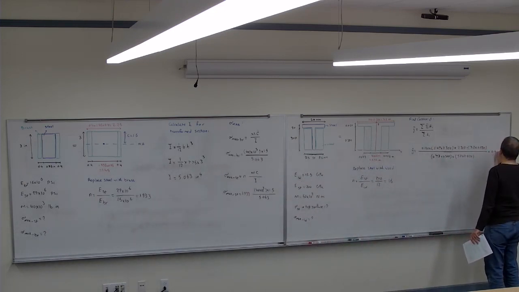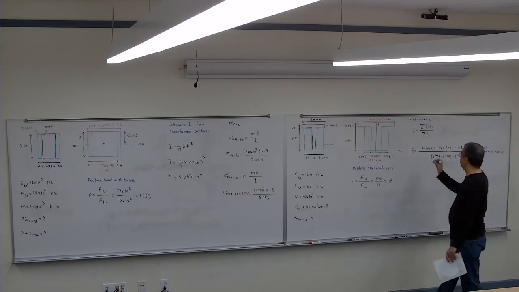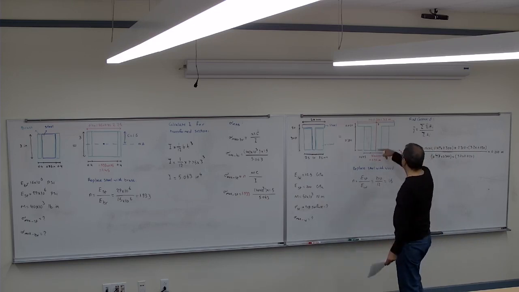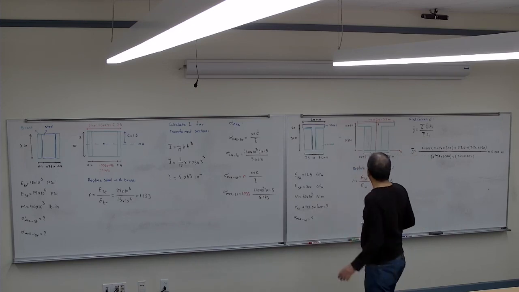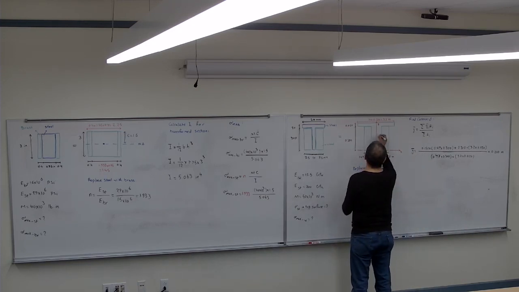Hold on. So the y bar is sitting 200 millimeter above the bottom, so the centroid is going to be sitting somewhere. This is half of it, so it's going to be sitting somewhere here. That's the centroid.